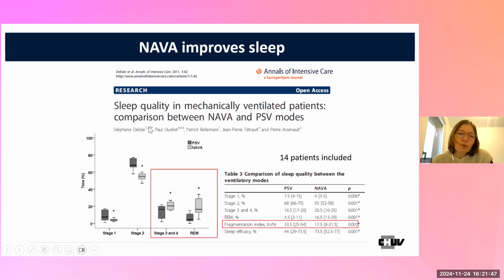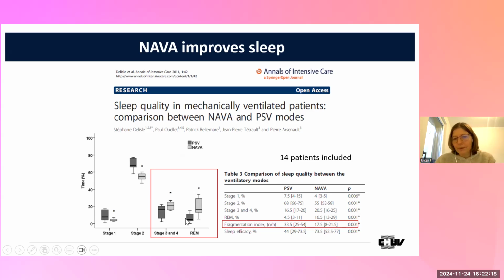And NAVA also improves sleep. You can see here a small study performed by Canadian colleagues, also comparing NAVA with pressure support ventilation. And you can see that in NAVA, in light gray, there was more stages 3 and 4 of sleep, the deep sleep, compared to pressure support ventilation, and also more time in REM sleep compared to pressure support ventilation.